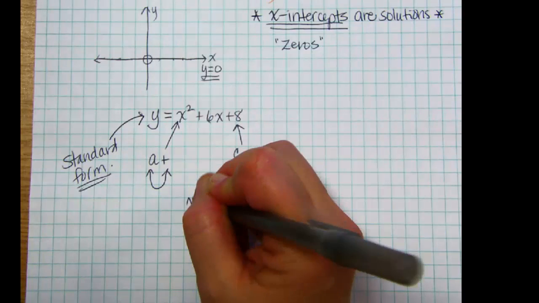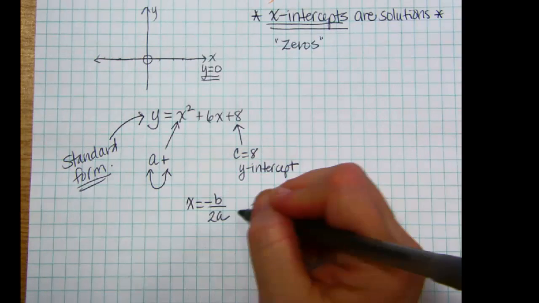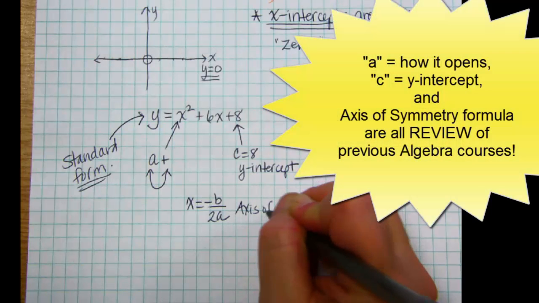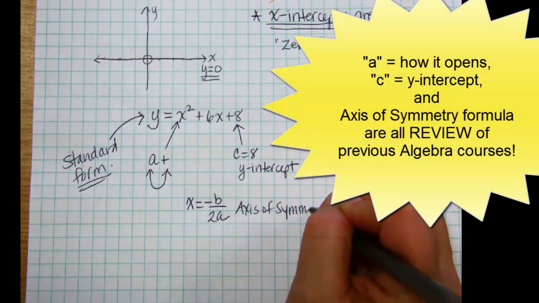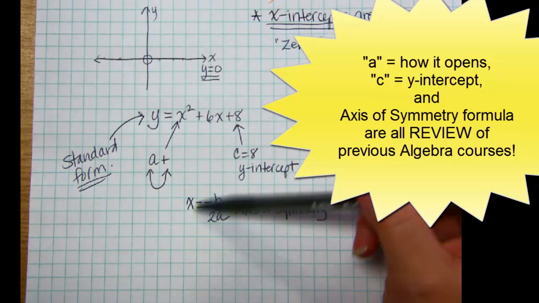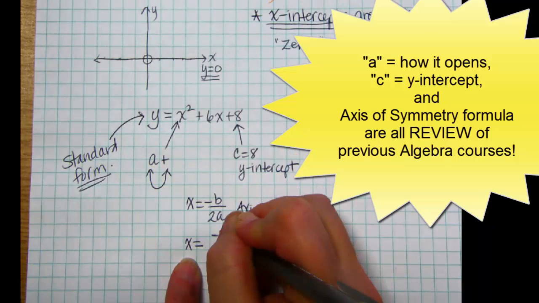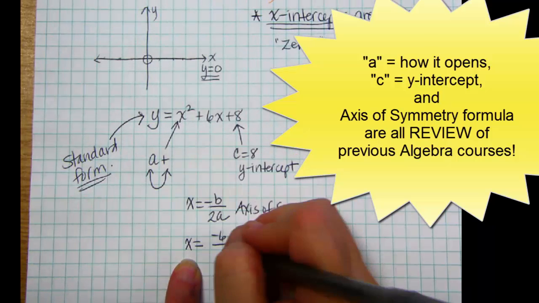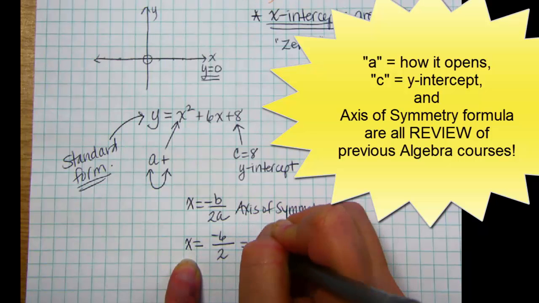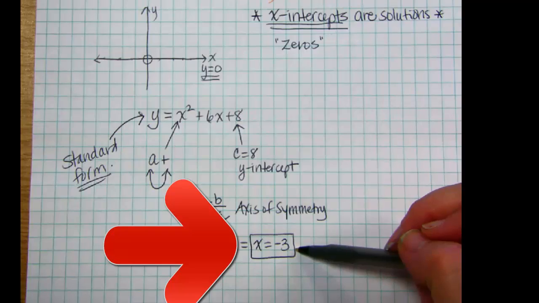And we knew that x equals negative b over 2a gave us the axis of symmetry. So you could find the axis of symmetry of this parabola by plugging into that. x equals negative b over 2 times a, x equals negative 3. Be careful to always write your axis of symmetry as an equation. It is a vertical line, so you must include the x equals.